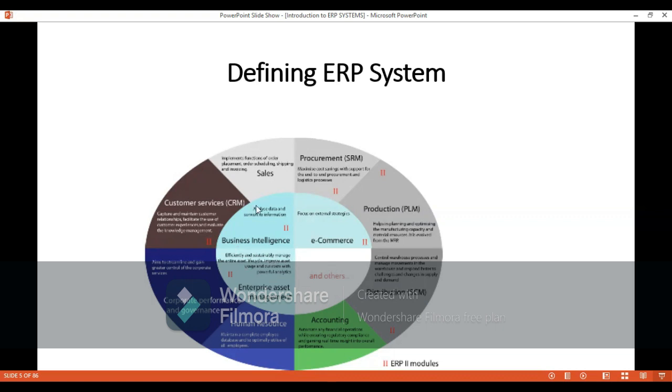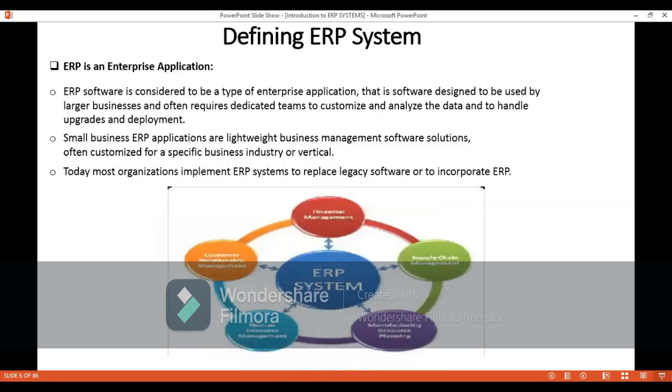And those are all organized under different headings through order to cash or procure to pay, whether in your procurement, your production, your distribution, accounting, human resources, corporate performance and governance, and the CRM, customer relationship management.